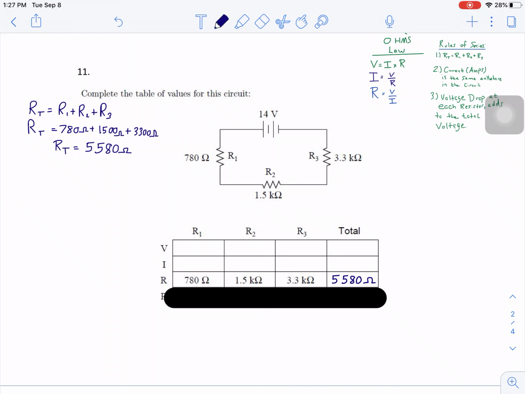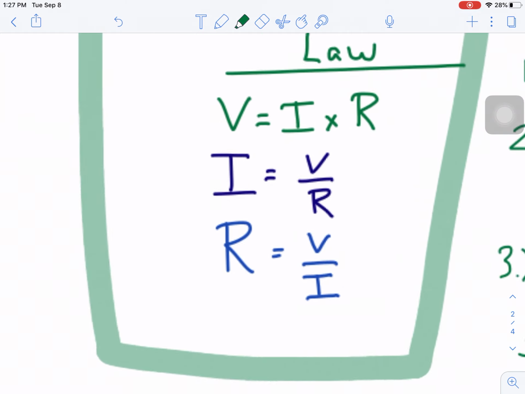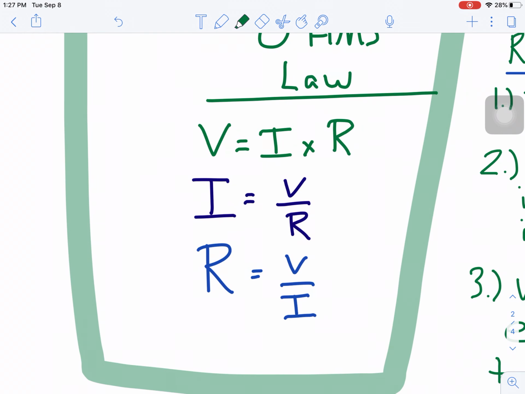Okay, so if I look at my chart now, I know all of the resistance. So where do I go next? Well, one thing to maybe keep in mind is that if we want to do Ohm's law, if I want to solve for voltage, if I want to solve for resistance, if I want to solve for current, notice that I always need two of the three variables.